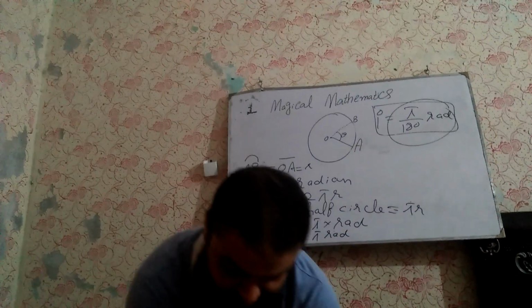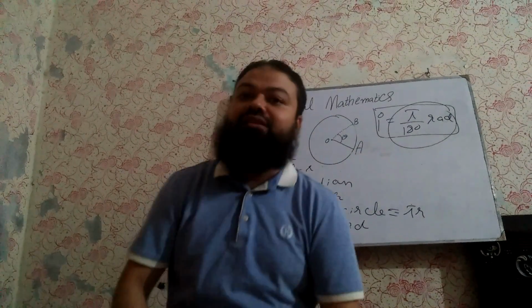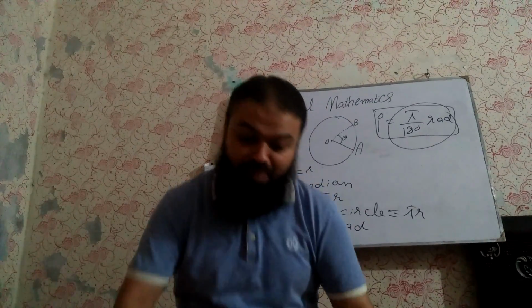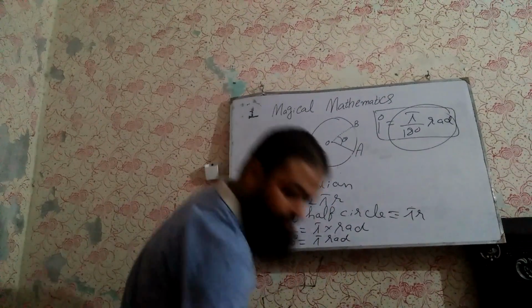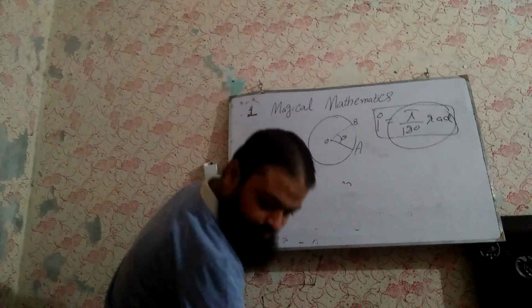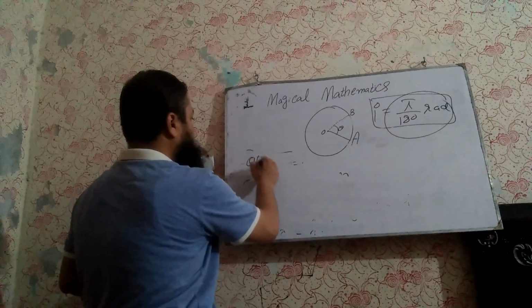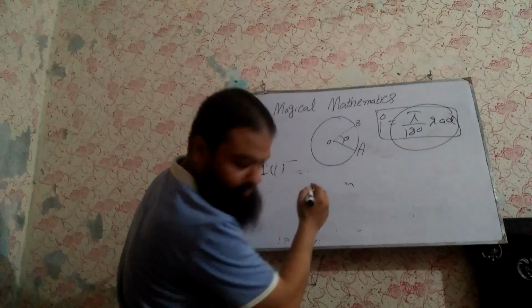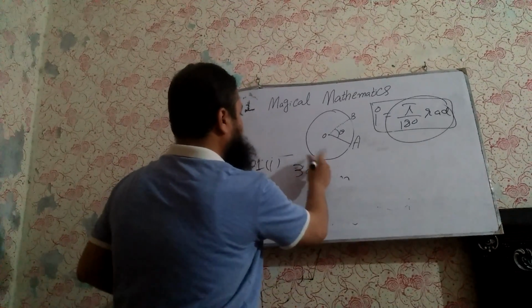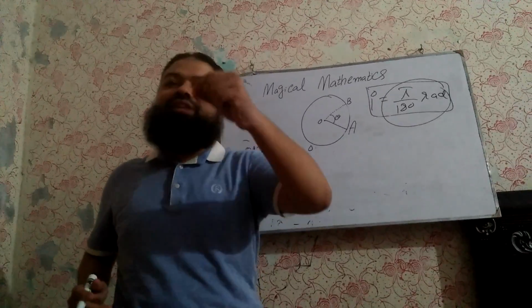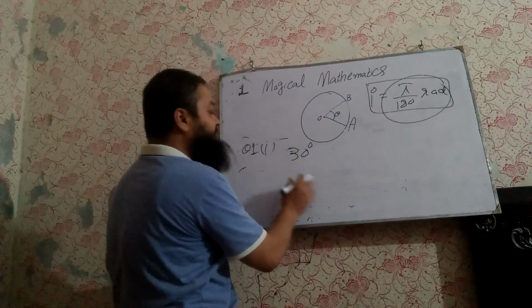Now, today I will discuss question number 1, 9 parts with you. First part is 30 degree. Convert degree into radian. And what is the concept we have got?